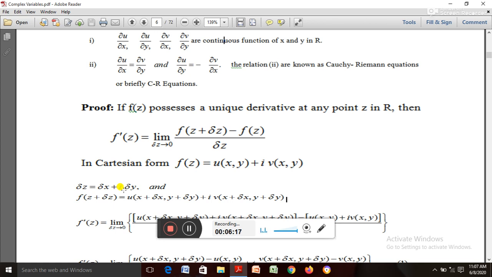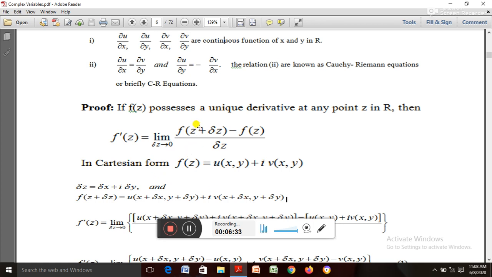i delta y. So it is the increment, and f of z plus delta z can be written as u of x plus delta x comma y plus delta y, plus i into phi of x plus delta x comma y plus delta y.